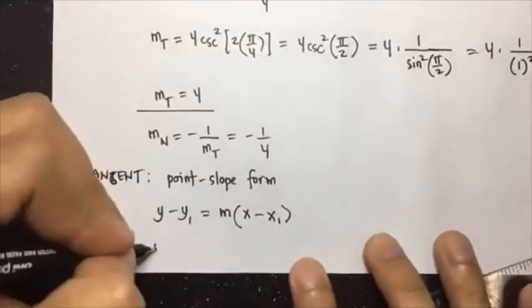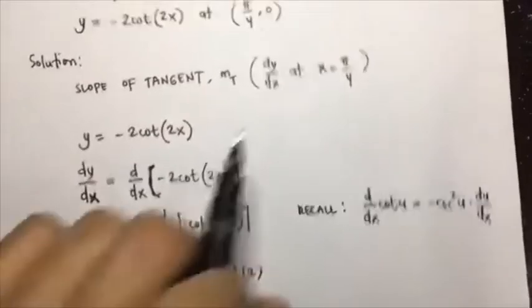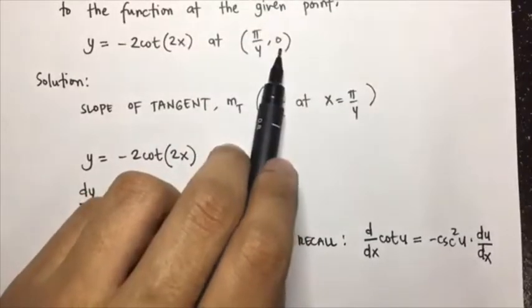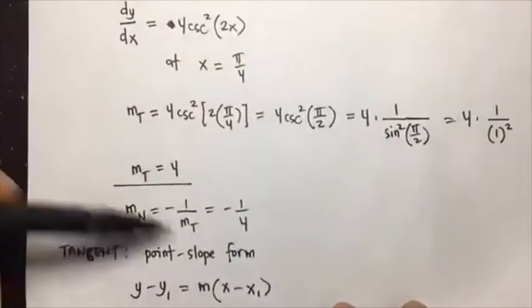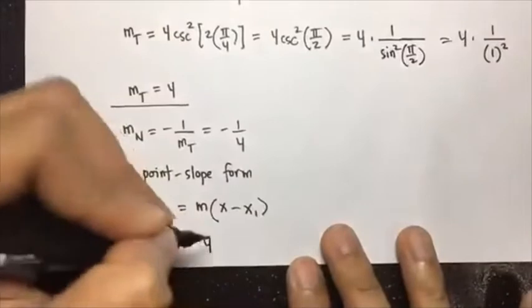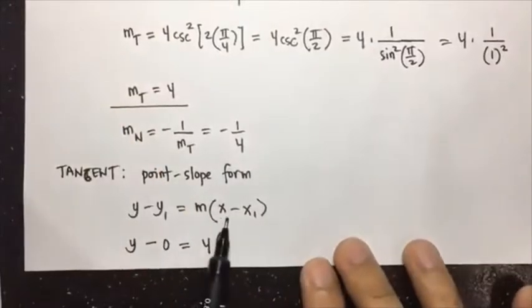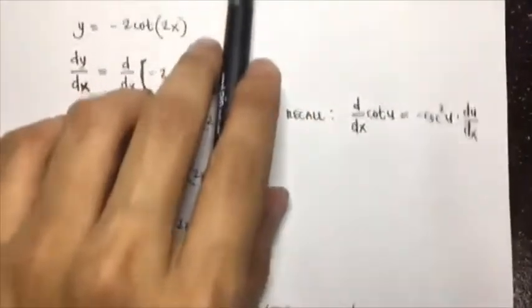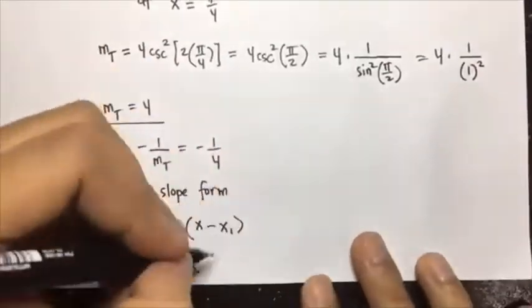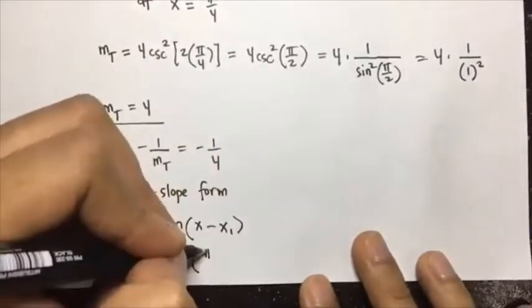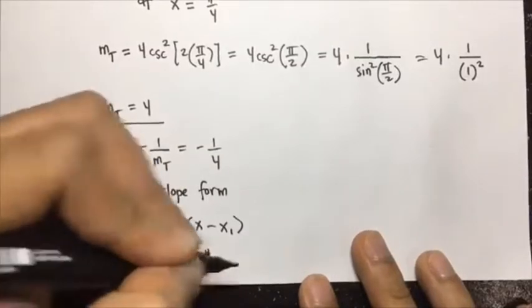Our point is 0 for y and pi over 4 for x. So y minus 0 is equal to the slope of the tangent, 4, times x minus pi over 4.